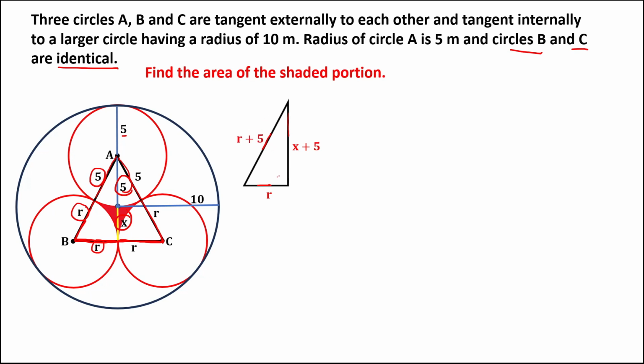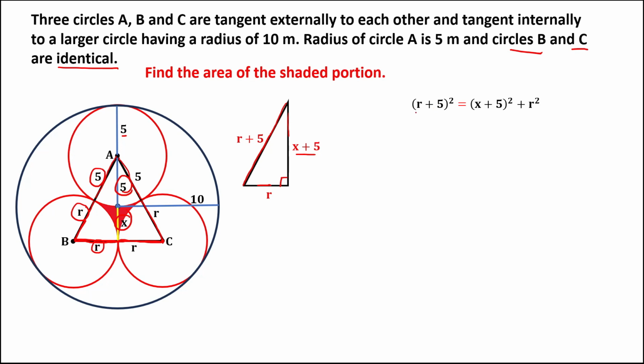Since this is a right triangle, this is the 90 degrees angle, so we can now use the Pythagorean theorem, and this is the hypotenuse. So we have the sum of R plus 5 to the power 2, and this is equal to the square of the sum of X plus 5 to the power 2, then plus the R squared.